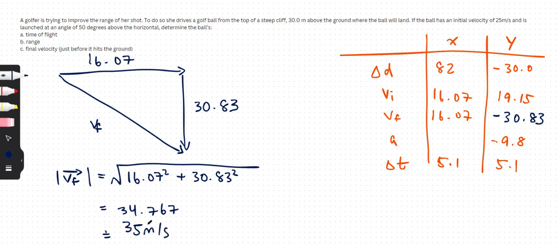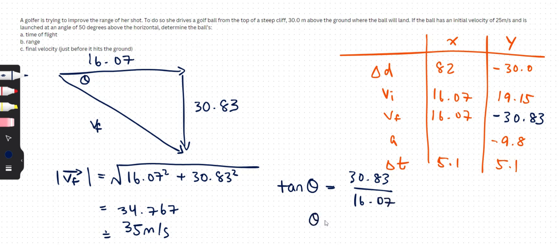Now this is the number, but you also want the direction. To describe that, we're just going to look at this angle. To get that angle, we're always just going to do tangent. Tangent of theta equals opposite over adjacent. So in this case, 30.83 over 16.07.